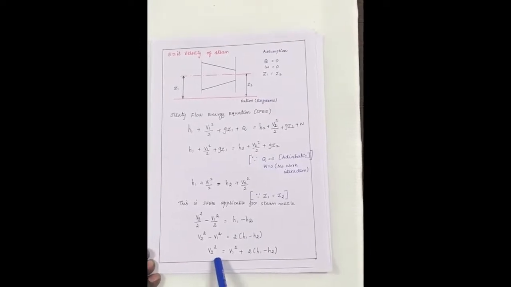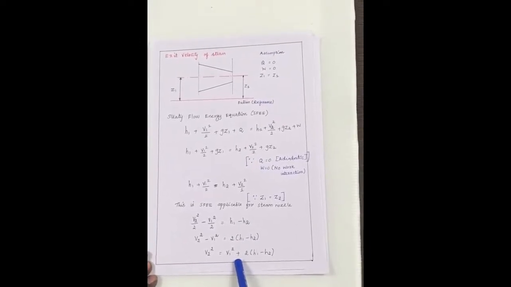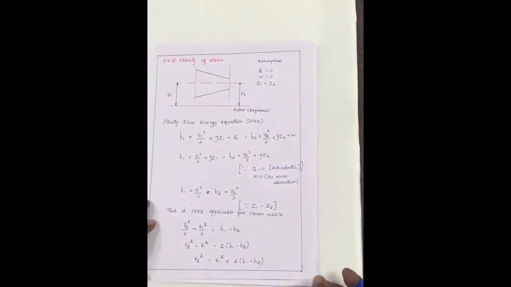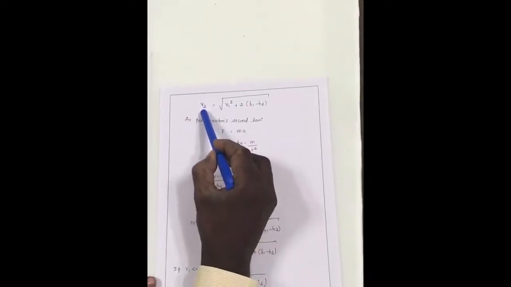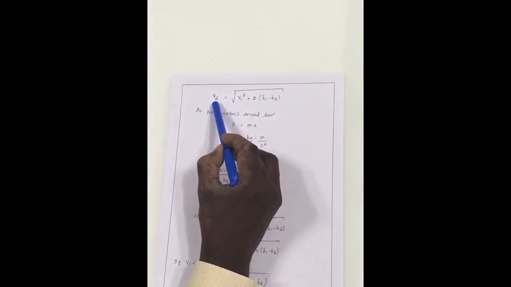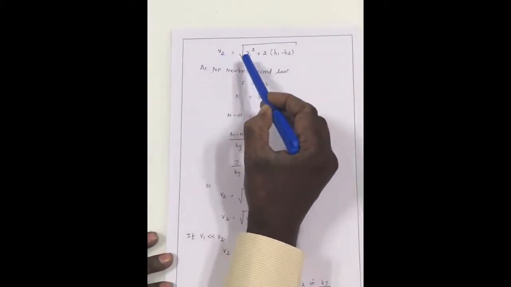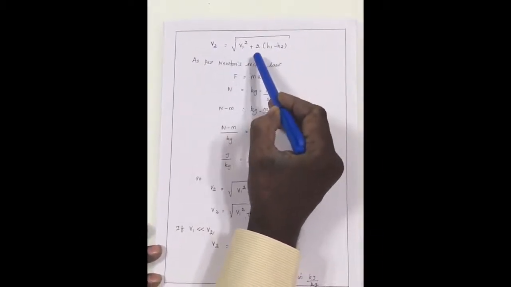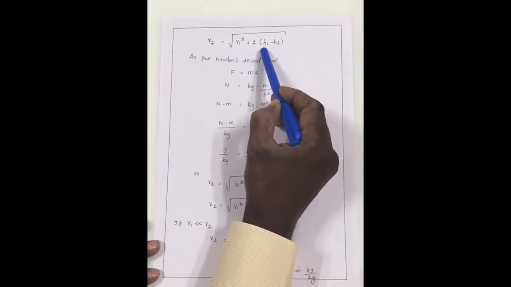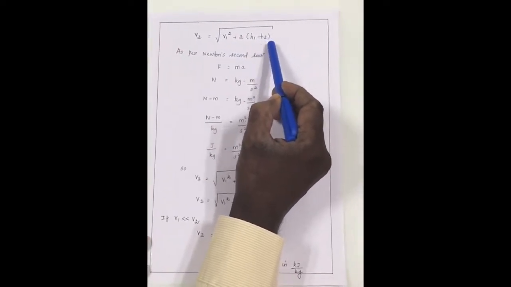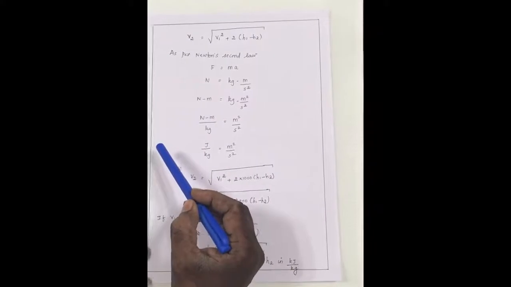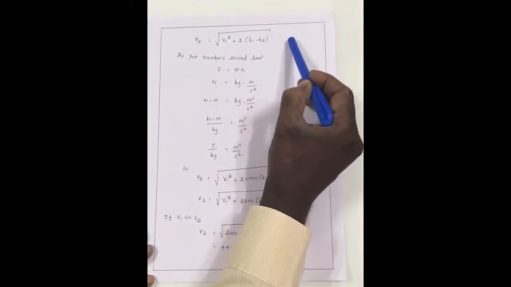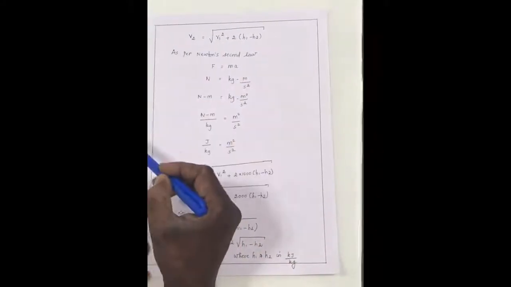V2 squared equal to V1 squared plus 2 into H1 minus H2. So the exit velocity of steam in the nozzle, V2, equals the square root of V1 squared plus 2 into H1 minus H2. This is the formula to find the exit velocity.